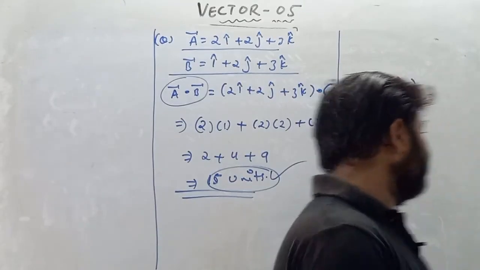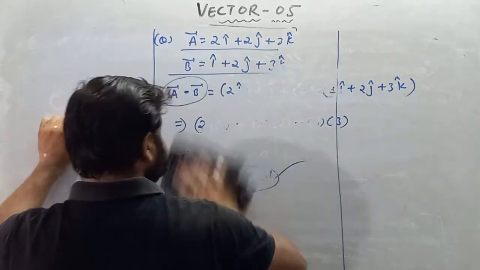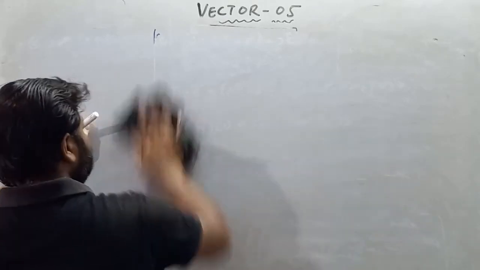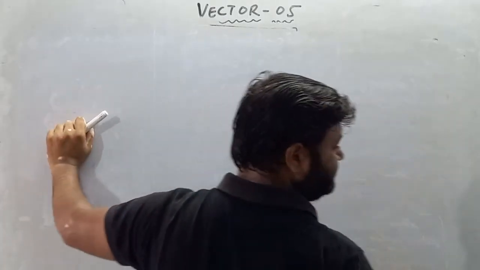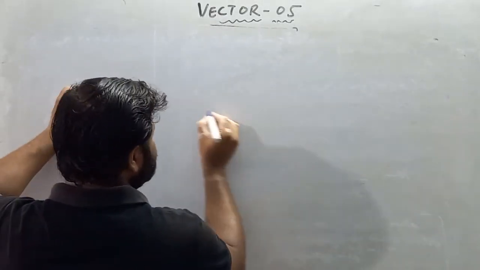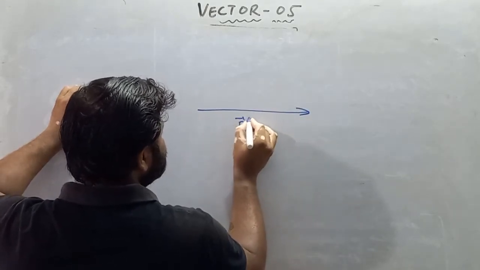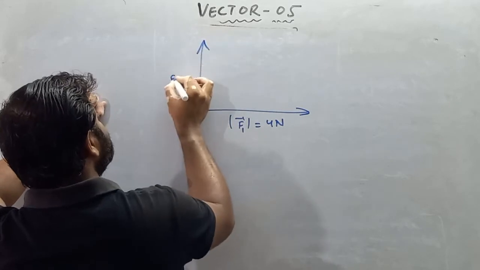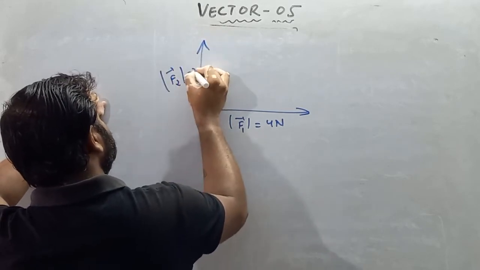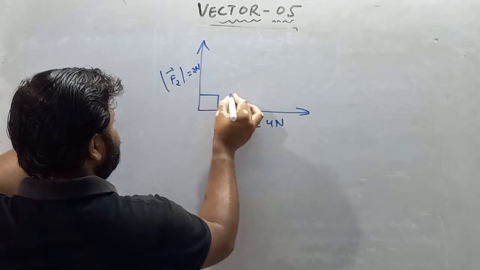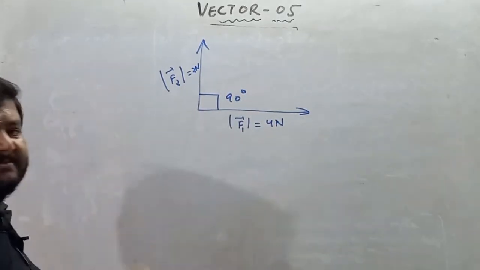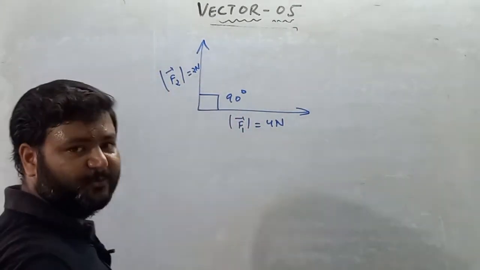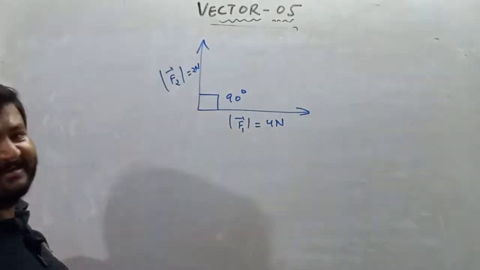Now see, one more question I am asking. Let's suppose we have two forces acting on a body. Let's say this is our one force and its magnitude is 4 Newton, and the other force, its magnitude is, let's suppose, 2 Newton, and they are perpendicular to each other, let's suppose 90 degrees. They are asking to find the dot product of the two forces, because forces are vector quantities.